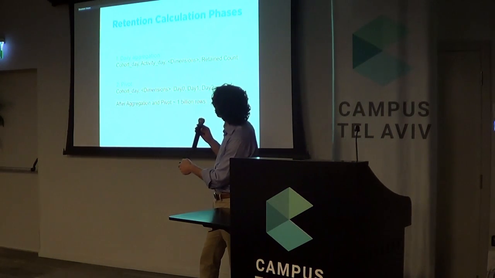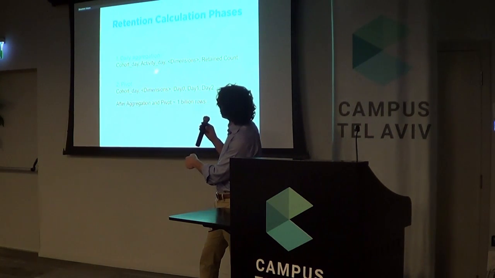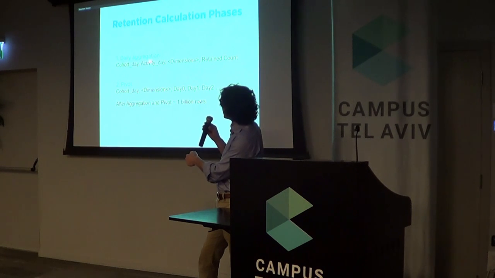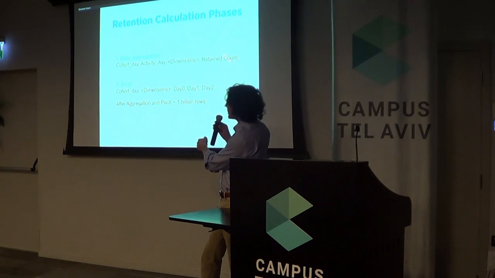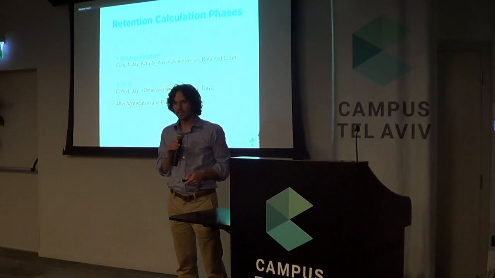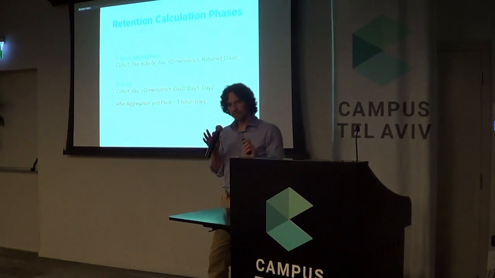So we're saying, for all the activity that we saw today, linked back to all the install days across all the dimensions, how many installs do we see again today? So that's the first step.